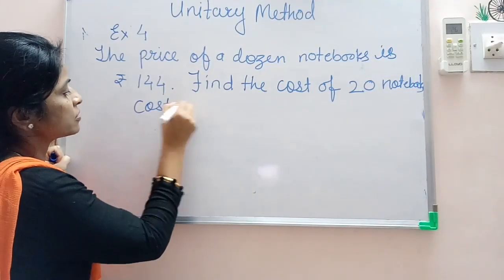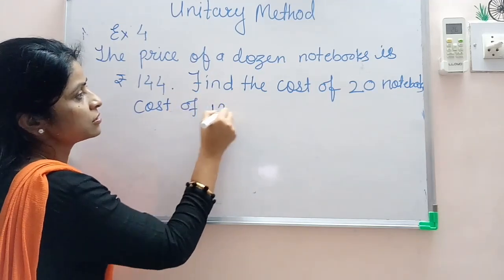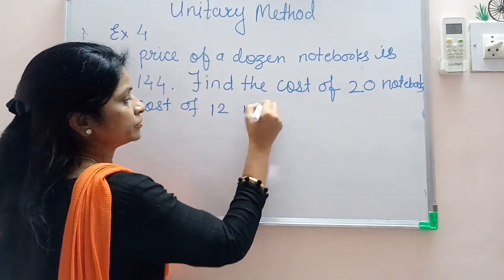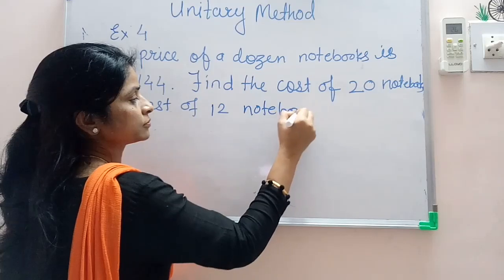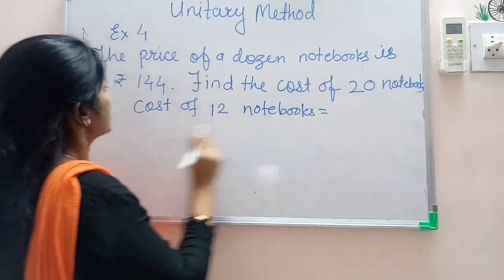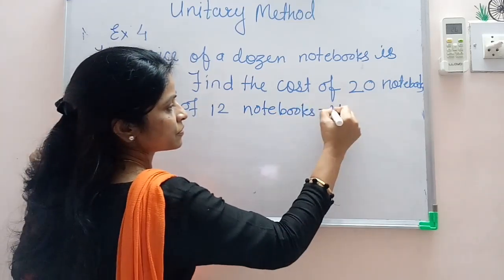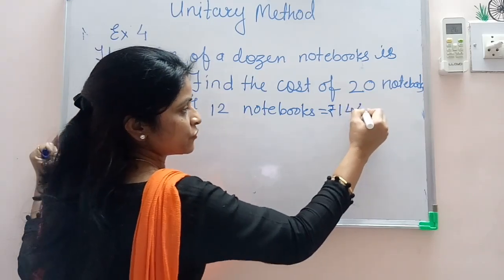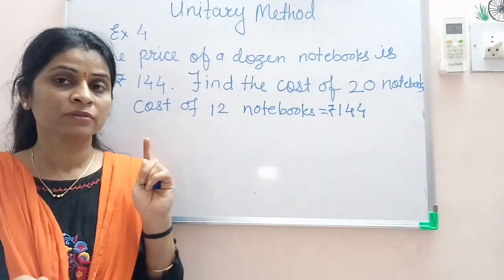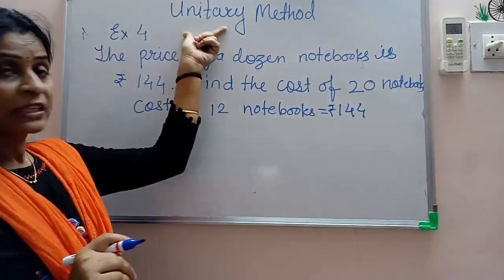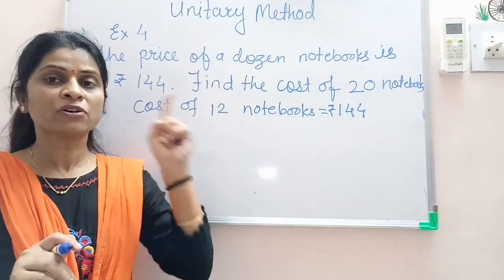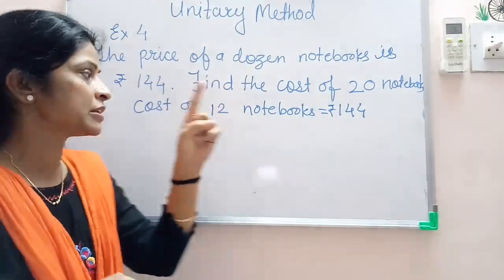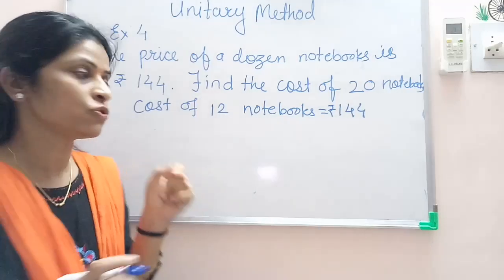Cost of 12 notebook is rupees 144. Okay student, now in the unitary method, first of all you have to find out the cost of one thing, that means cost of one notebook.